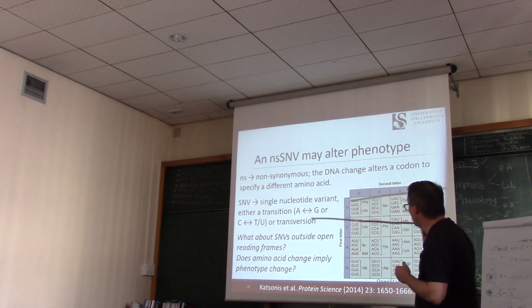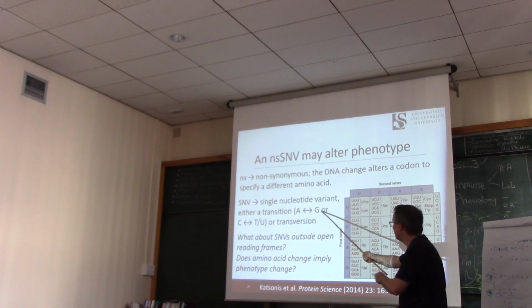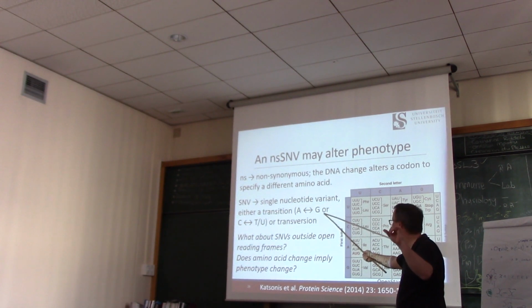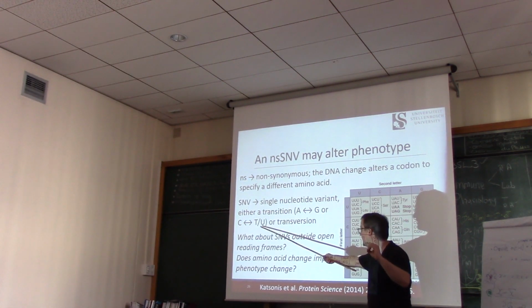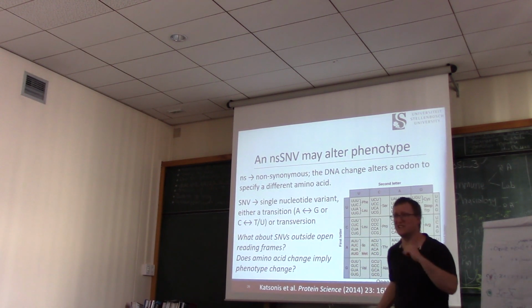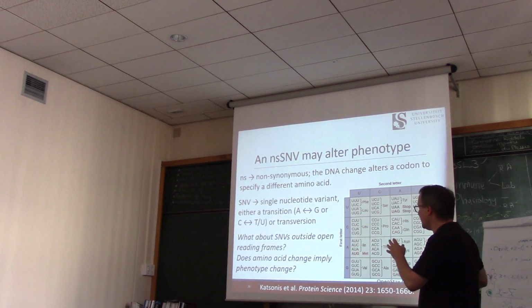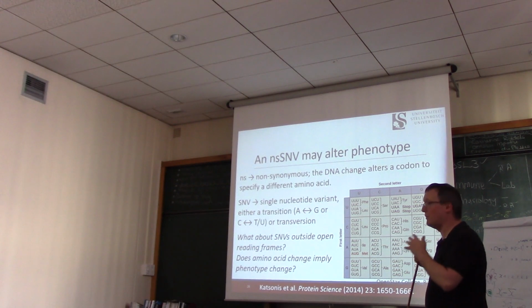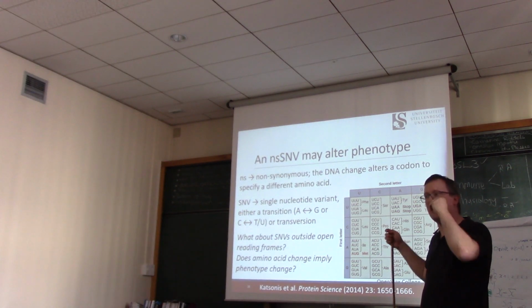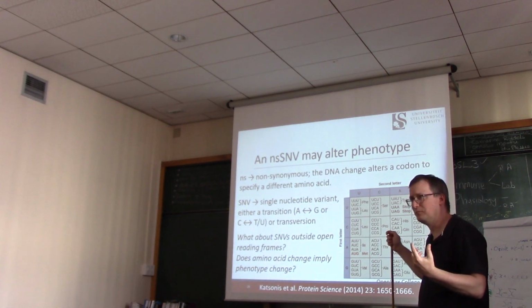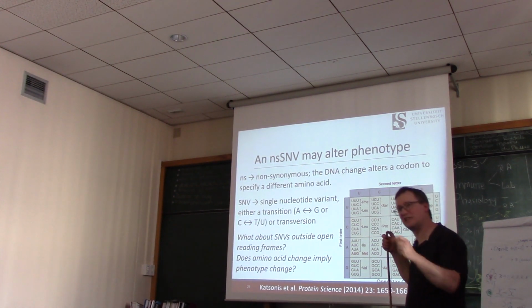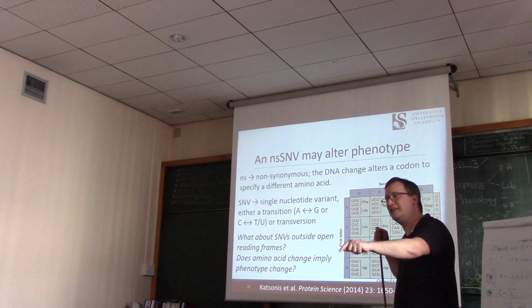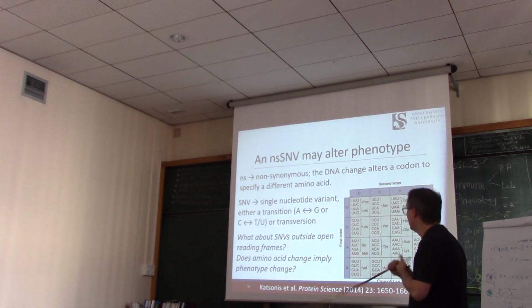Because A and G are these big bicyclic purines, and these are relatively small with just one ring in the nitrogen base. Those are pyrimidines. Okay, so these changes are things that we often attribute some functionality to. To say that something is a non-synonymous SNV is to suggest that this genetic variation leads to phenotype change.